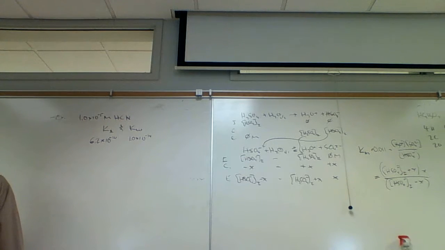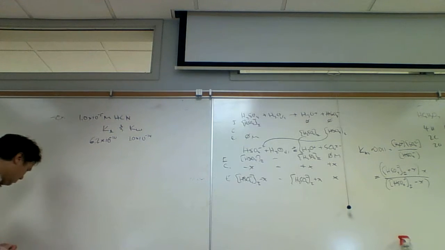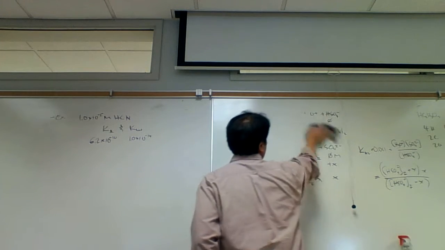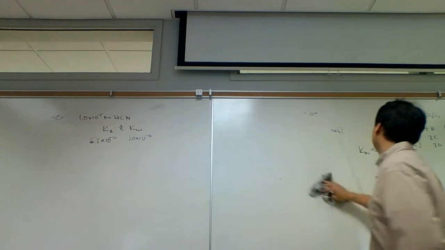But you're saying the book started with Kw and went to Ka. No, they said with the hydrocyanic hydrolysis, the hydronium wasn't initially 0 molar, but they just put the hydronium from the equilibrium of water. Yeah. They skipped this step, basically.